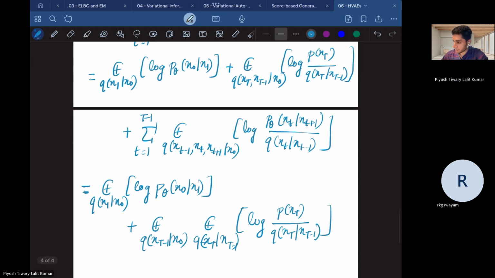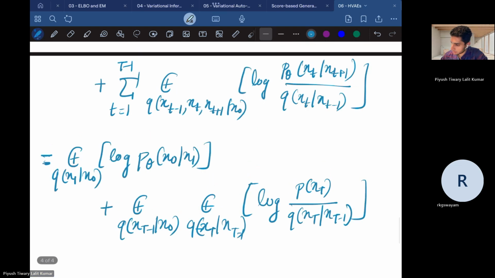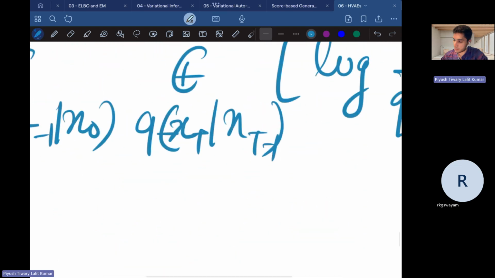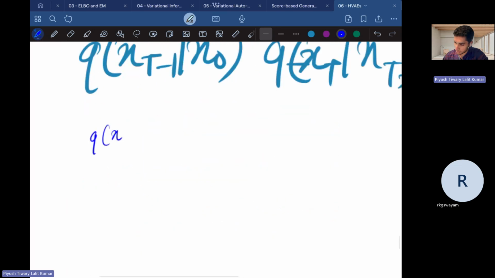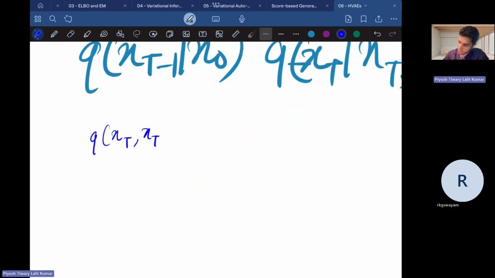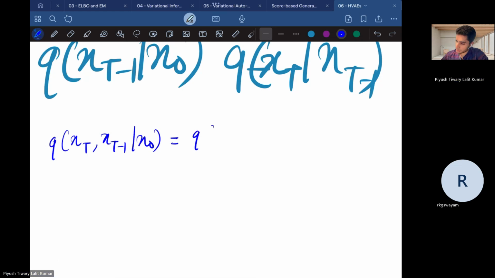So how did I write this down? What did we have earlier? We had q of xt comma xt minus 1 given x naught. You can write this as q of xt given xt minus 1 comma x naught, into q of xt minus 1 given x naught.